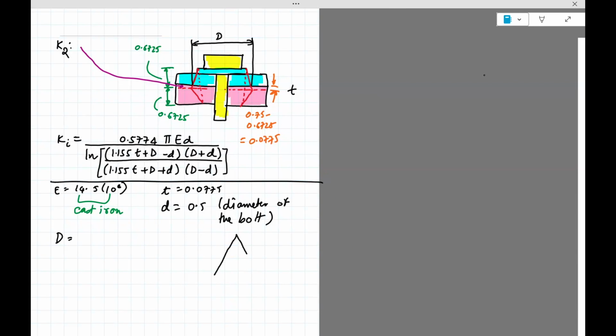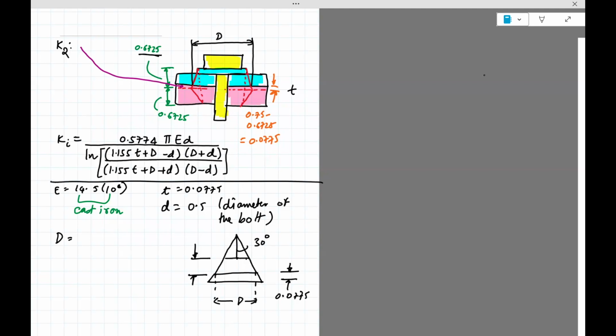It's basically a 30 degrees angle, and then somewhere here, let's say we have a t. This distance is 0.775. So it's basically using similar triangles. So we need something else, another dimension to get it. We kind of know this 0.6725.